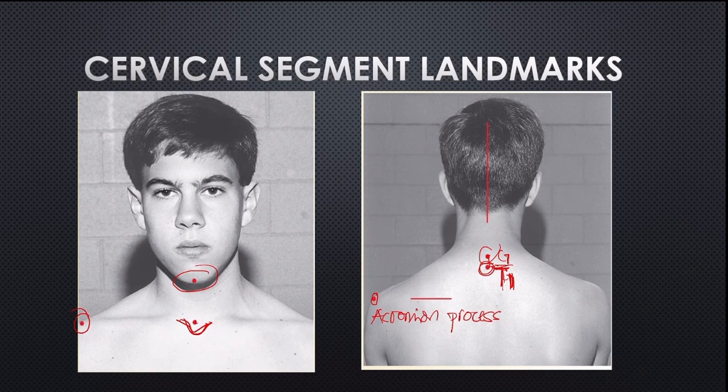So if you can recall, the goniometer has the fulcrum, and the fulcrum is usually placed on these acromion processes, but not all the time. We also use the proximal and distal arms. We also use the different landmarks to place correctly the proximal and the distal arms.